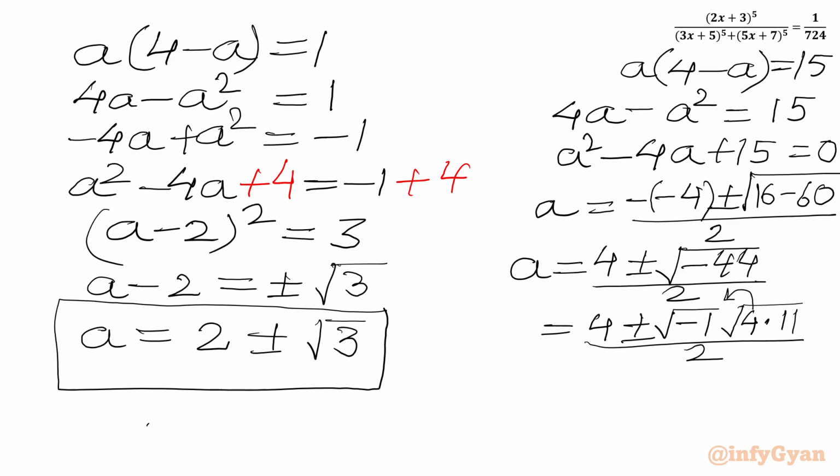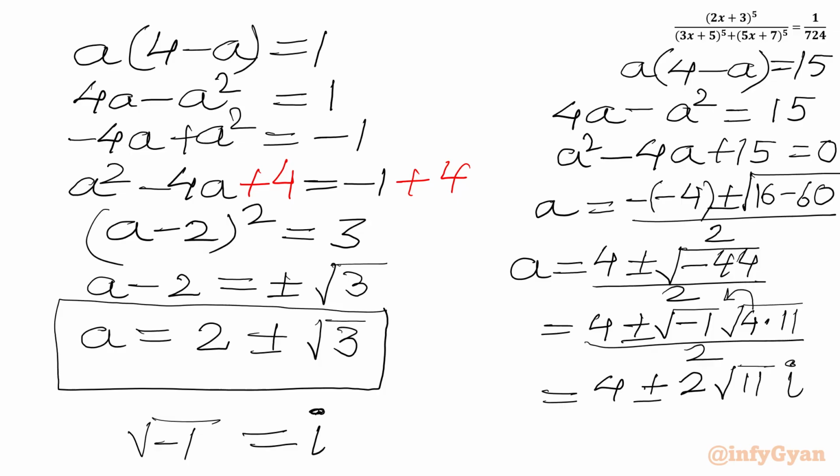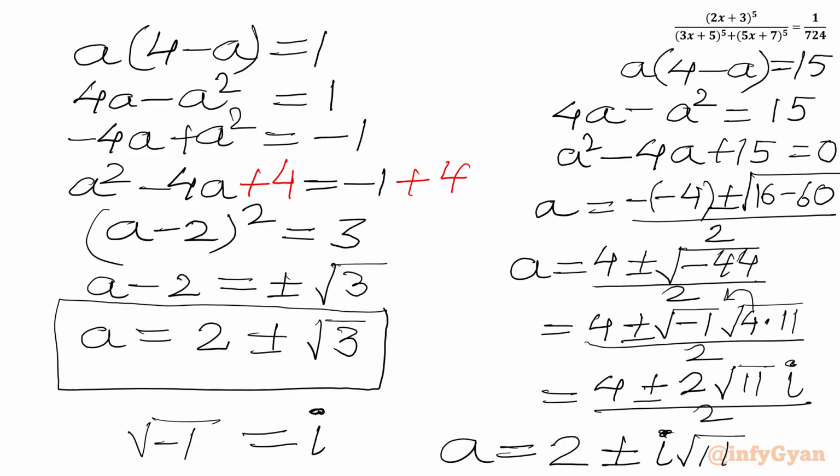And we know that the square root of negative 1 is the complex number i. So I will write 4 plus minus 2 times square root 11 times i over 2. Or I can write two complex solutions, 2 plus minus square root 11 times i. But these values we will reject as we are looking for real solutions.